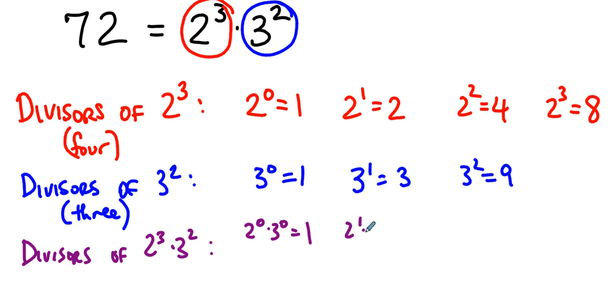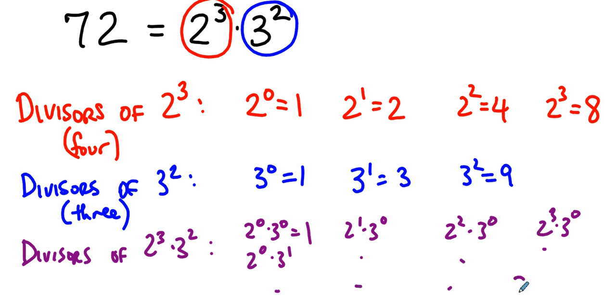We could write them all out until we had 72. 4 times 3. There are 12 divisors of 72.